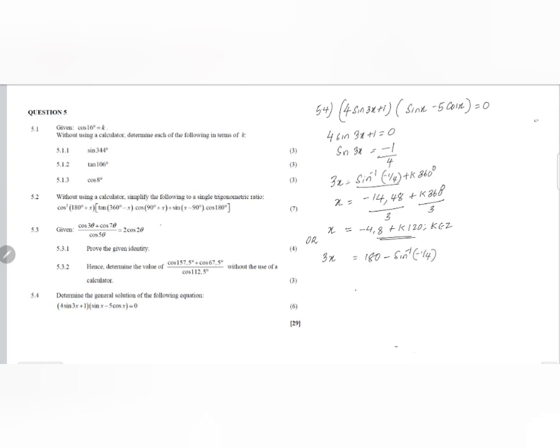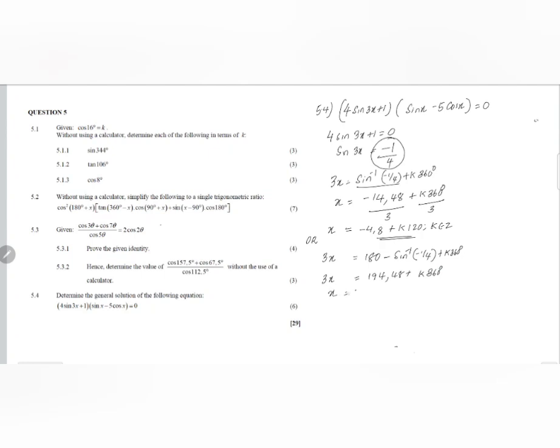If you go with this method, the reference angle you don't need to find. You don't need to worry about the sign, positive or negative. Just straight away, whatever number is here, find the sine inverse plus k 360, then 180 minus sine inverse of the very same number plus k 360. With this one, when you do it, you will get 3x is equal to 194.48 plus k 360.